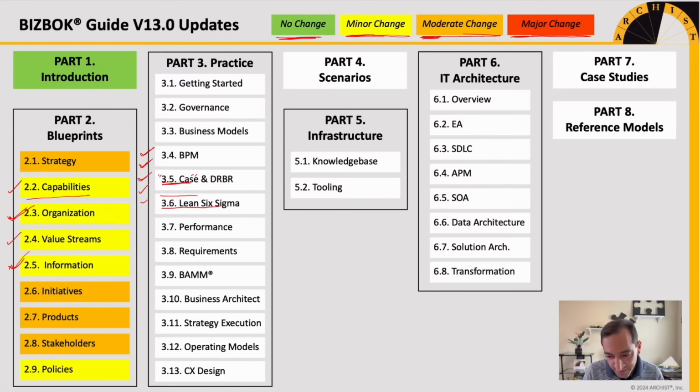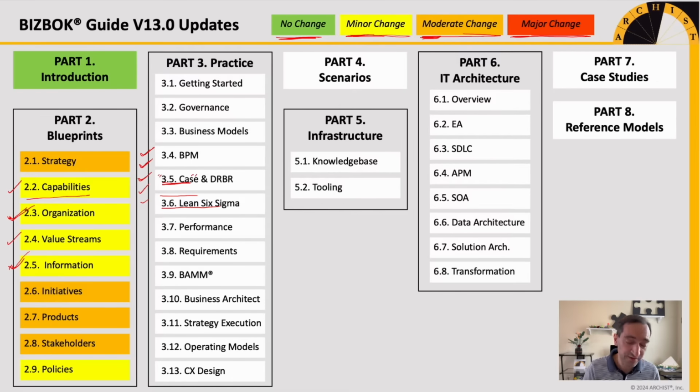And the other minor update that we see is the removal of the relationship between a stakeholder and information concept, and then replacing that with the relationship of a stakeholder category to information concept. So a stakeholder category is represented as an information concept in the information map.